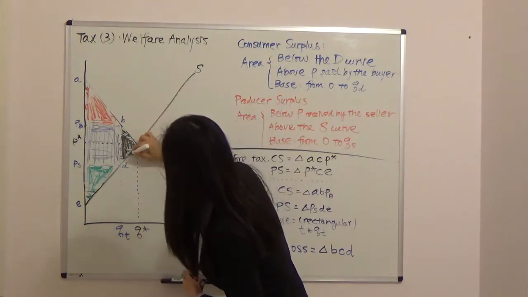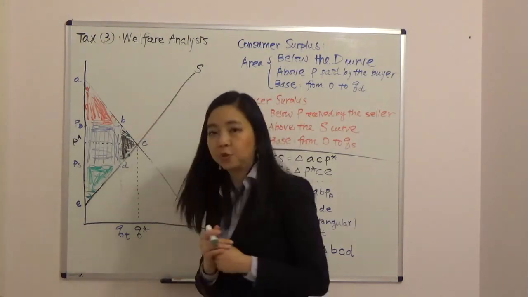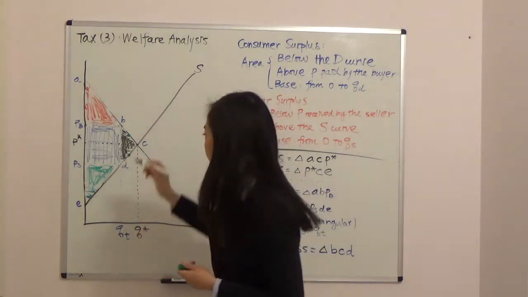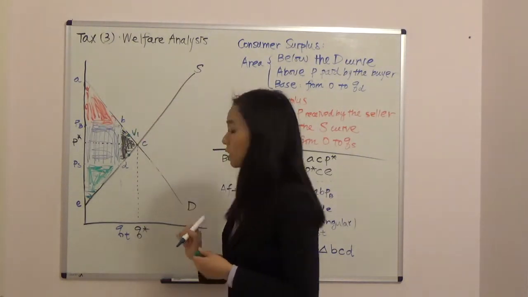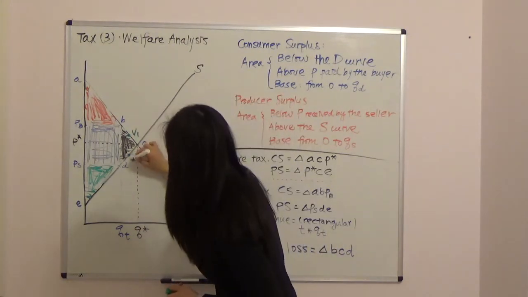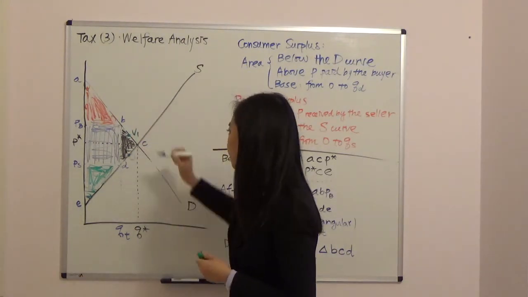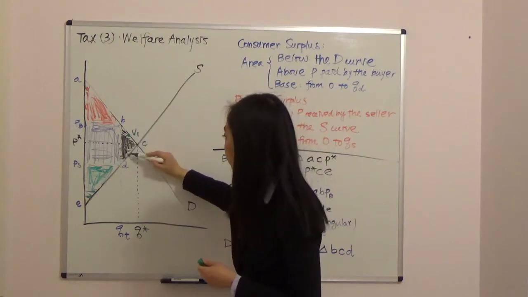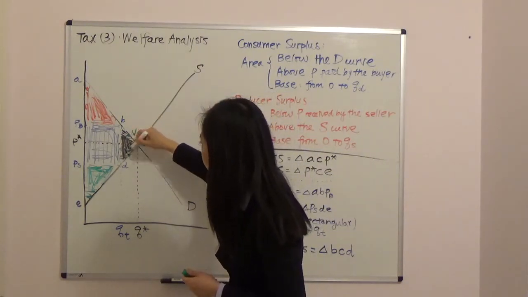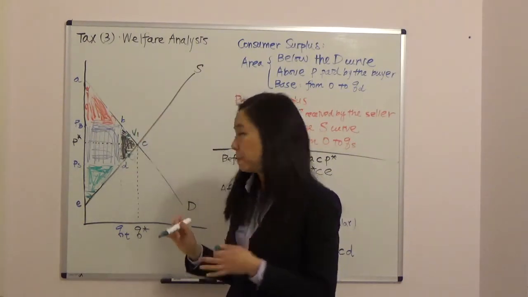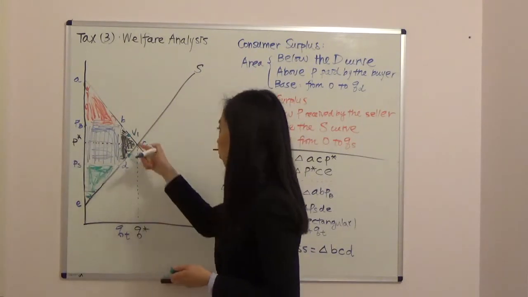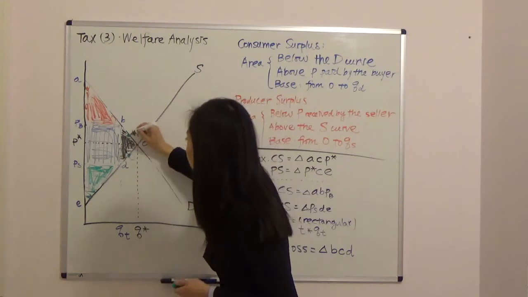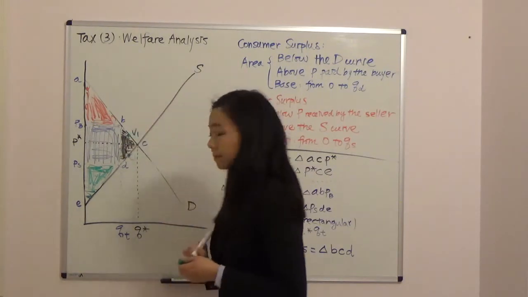So we know that demand curve reflects the value of the buyer, and the supply curve reflects the cost of the seller. So you can see the value is V1 and the cost is C1. So before a tax, the buyer will be happily purchase a unit paying price P star and enjoy a consumer surplus V1 minus P star.